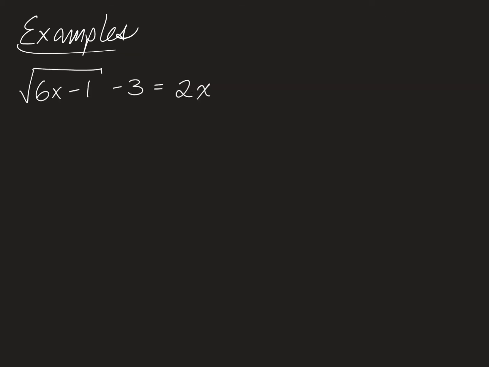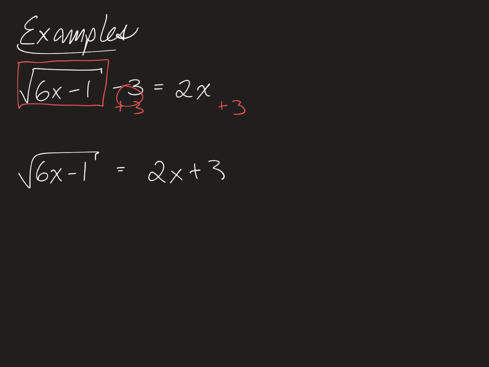For this next example, I simply want to go over something that will help you out in the next example. In this example, again, isolating the square root is the first step. So we would have to add 3 to both sides. That would leave us with the square root of 6x minus 1 equals 2x plus 3.